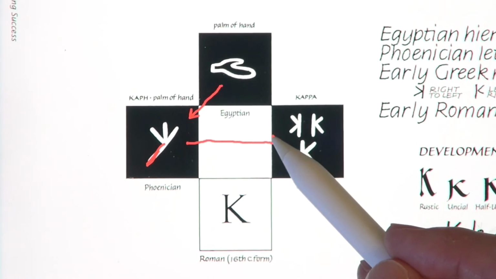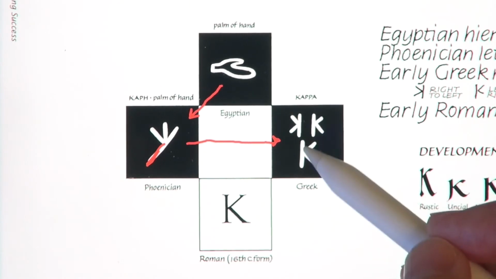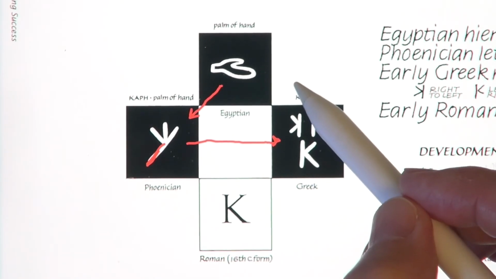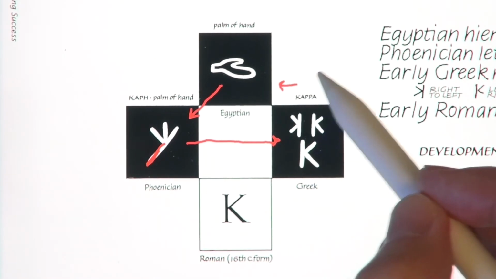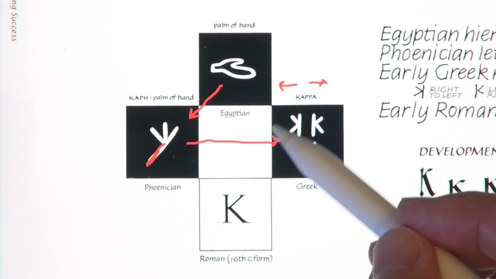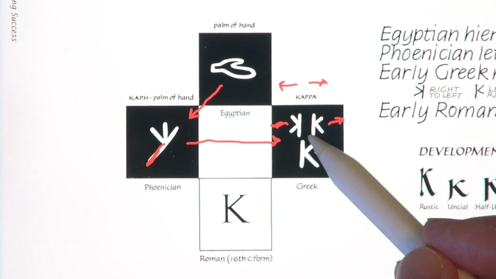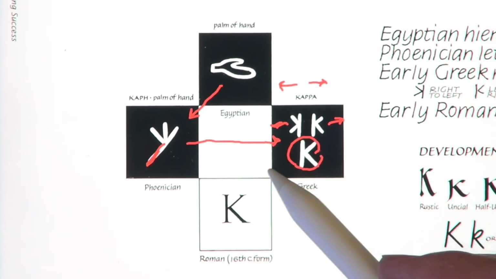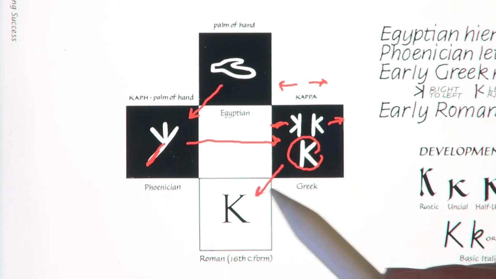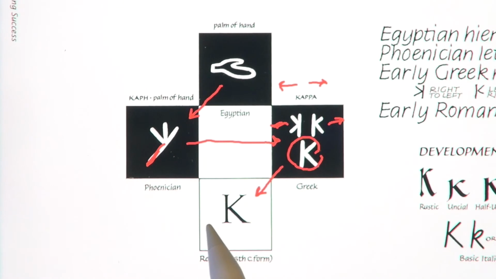The Greeks turned that on its side, and eventually the fingers started spreading out. The Greeks wrote right to left and alternately left to right. Their letters faced the direction of the writing. Eventually they settled on left to right, and the Romans picked that up for the capital letter K that we know today.